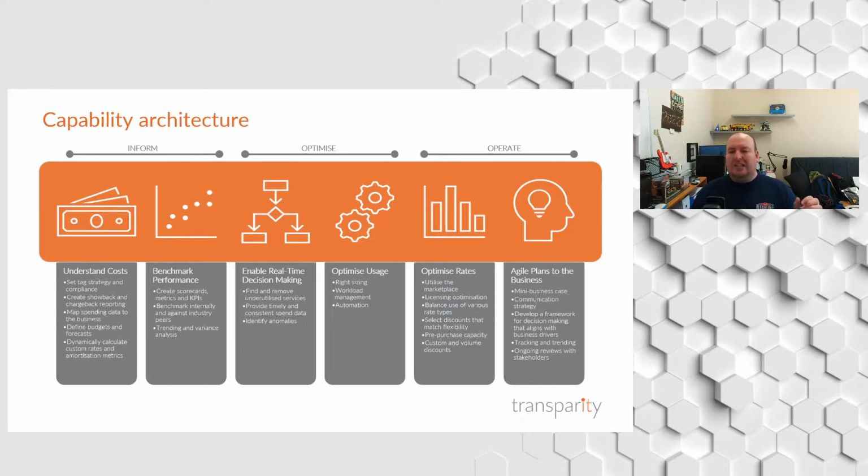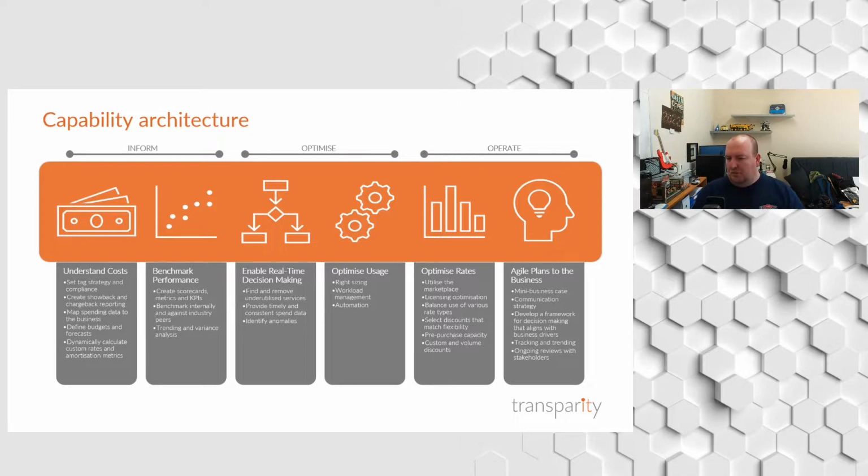And then you can apply trending and variance analysis to those, as well as looking for those spikes using machine learning potentially to really understand where normal is for you as an organization. And it's when you understand what normal is that you can move on to the optimize phase of this process.